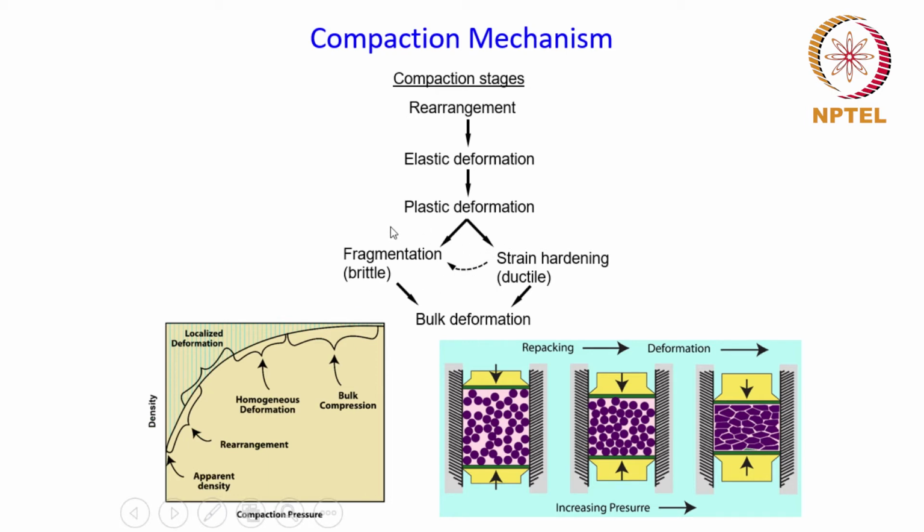And after this, once the plastic deformation has begun, the bulk deformation process, that is the deformation across the entire compact, will start, and the powder will start to densify to give it a particular shape and density at the end of the process.